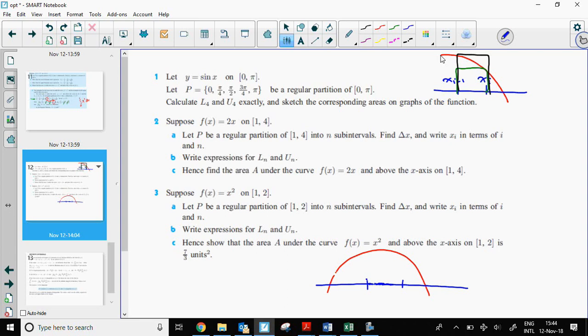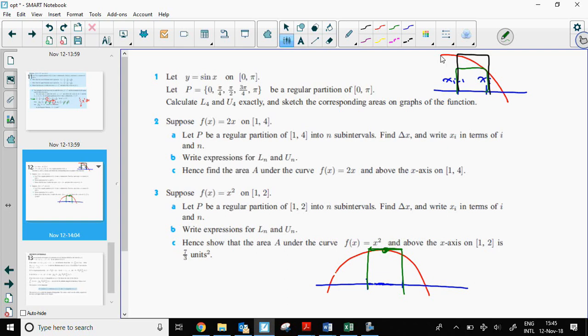And oh, by the way, if your interval has the maximum point in it, then your upper rectangle is going to have to be formed around that, and so that's not x sub i or x sub i minus 1.